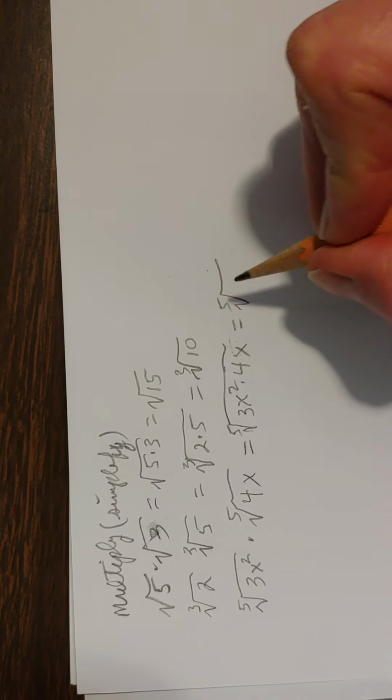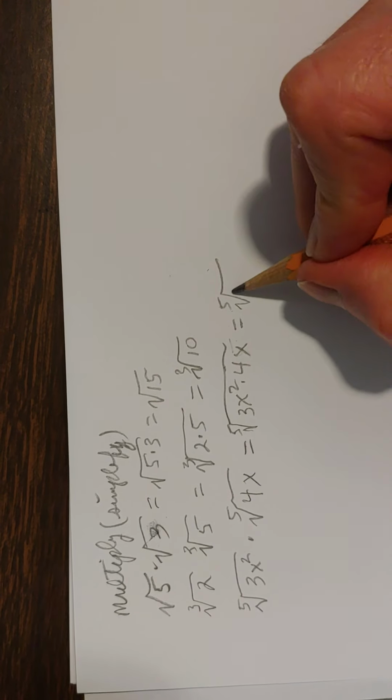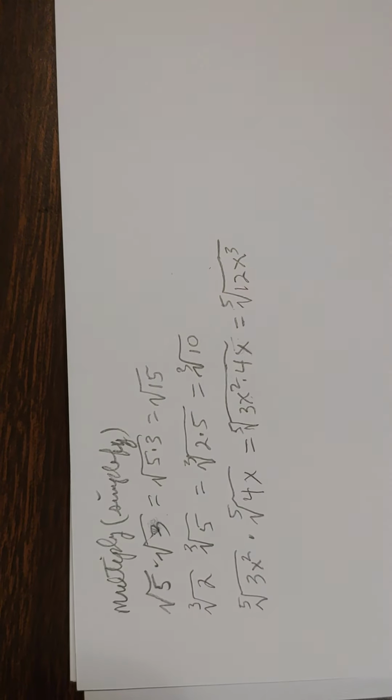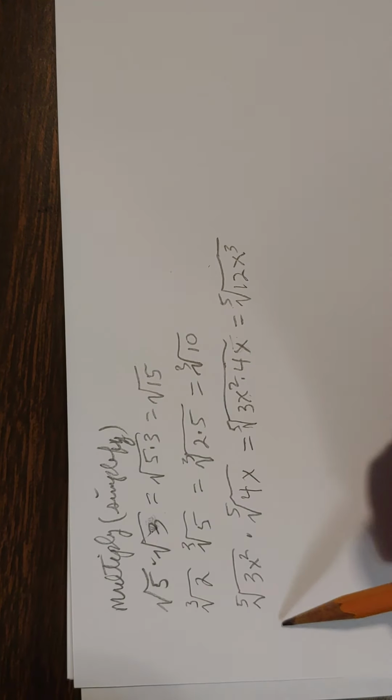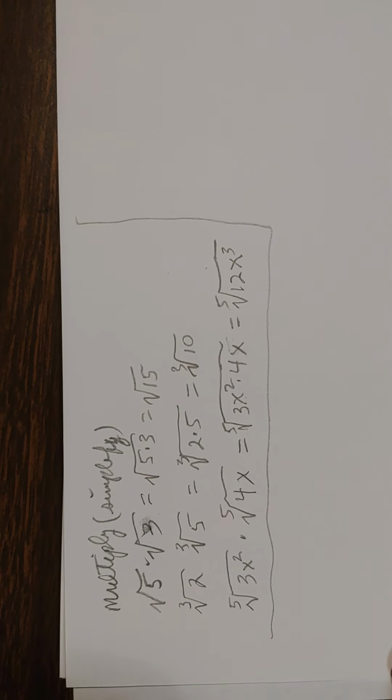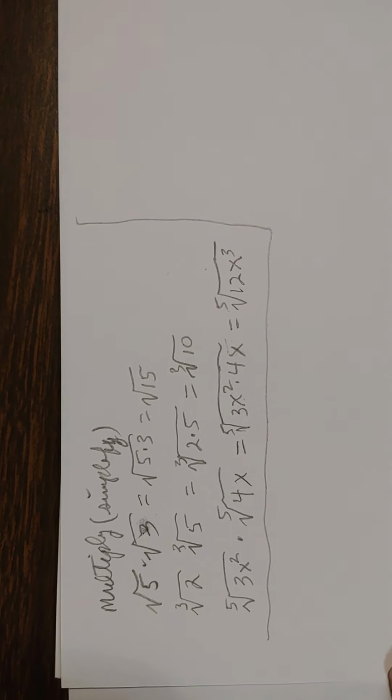And we end up with the fifth root of 3 times 4 is 12. X squared times x is x cubed. The fifth root of 12x cubed. So those are some examples. Those are examples like example 1, and as I said, on page 634.